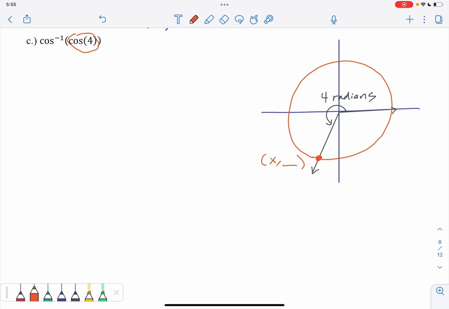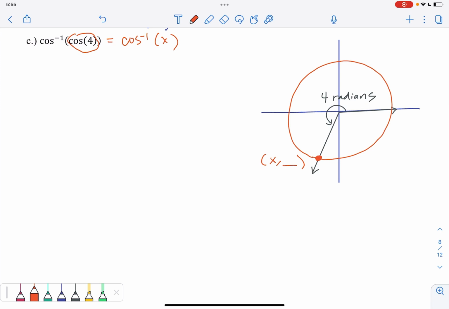So as long as we introduce the value of x, so we define it somehow, we say it is the x-coordinate of the point on the terminal side that intersects the unit circle. We could even say this is cosine inverse of x, because we've just said that cosine of 4 is equal to x. All right, well, what's that?